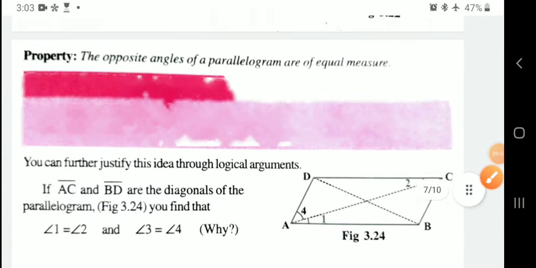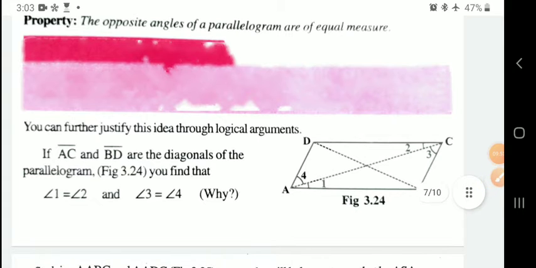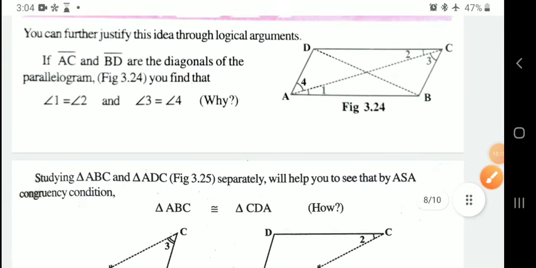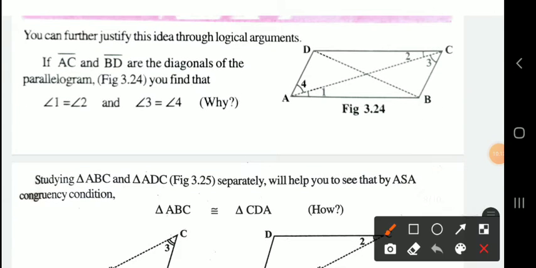Now the next property, for opposite angles of a parallelogram. The opposite angles of a parallelogram are of equal measure. How can we say that? The opposite angles of a parallelogram are also the same. Look at this figure. For this figure, we just take two triangles here.